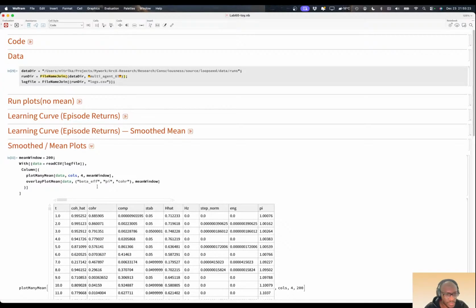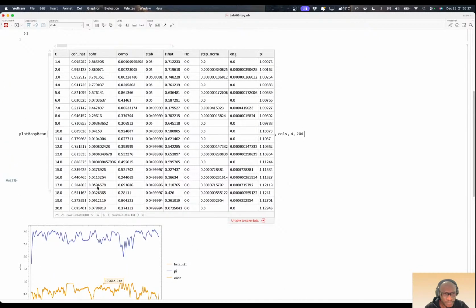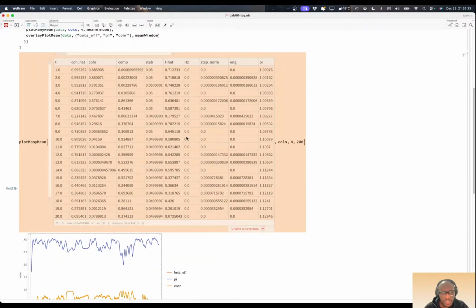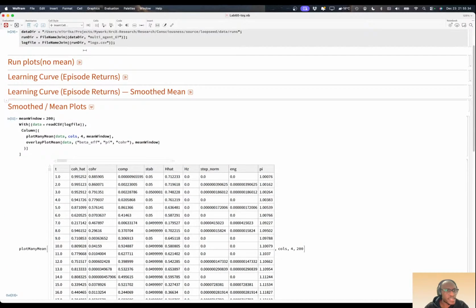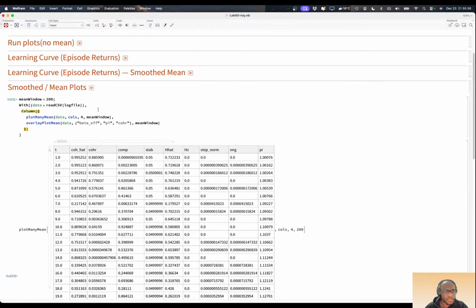Which one is this? Okay, I think something changed in the code. Let me run this first. And then do this.